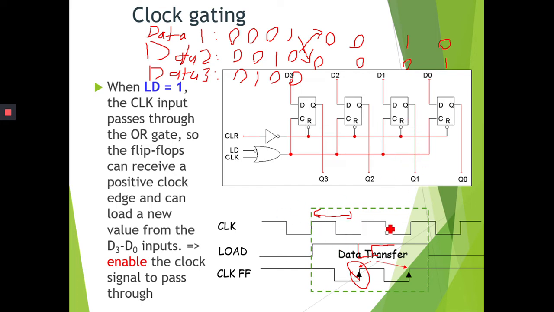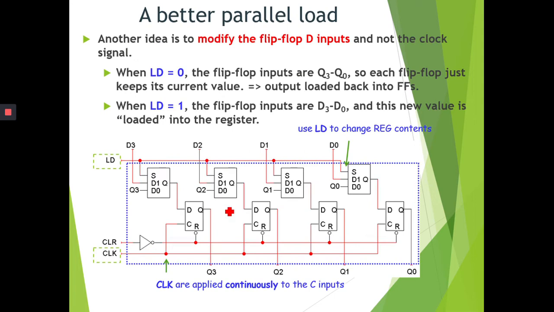But in the second clock cycle, look at the red line I drew. Imagine this is the load signal. We change the load signal to 0 and then bring it up again to 1, but we bring it up late. So we miss the transition, and whenever we miss the transition, we miss the second data. This is just an example of the problem that can occur when we use clock gating.